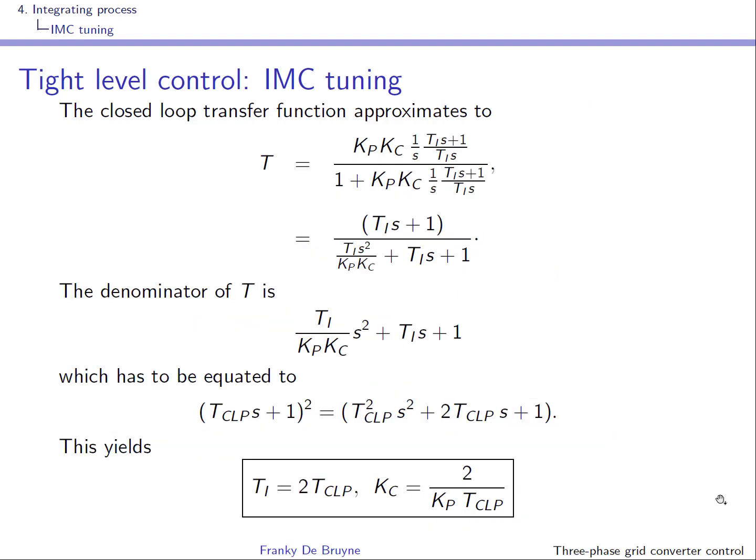Well, remember that the closed loop transfer function was PC over 1 plus PC, and that P of S, because I should add an argument S over here, is equal to KP over S, and that the PI controller is equal to KC, the gain of the controller, times the PI term.